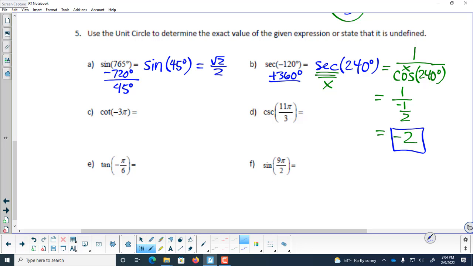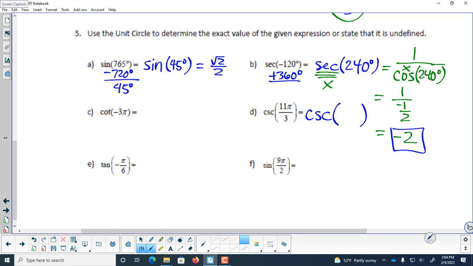All right. Ooh, let's do, how about cosecant of 11 pi over 3? So that's not on the unit circle, right? Because if I double 3, that's 6 pi over 3. That's 2 pi. So if it's bigger than double the denominator, it's outside of the unit circle. It's too big.